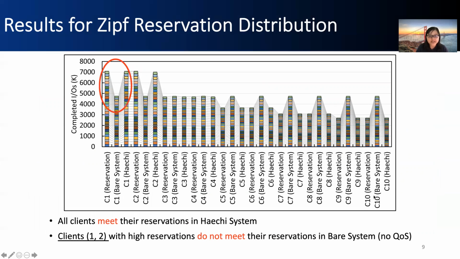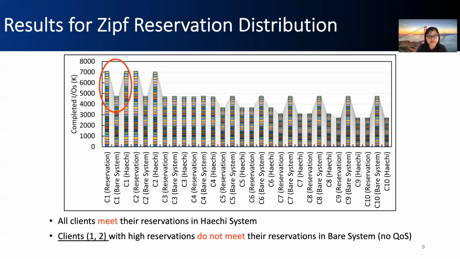The 3 bars in the right circle represent the results from one client. The first bar shows the client reservation, and the second bar and third bar show the completed IOs in the bare system and Haechi separately. Each small block in the bar represents the completed IOs in one QoS period.